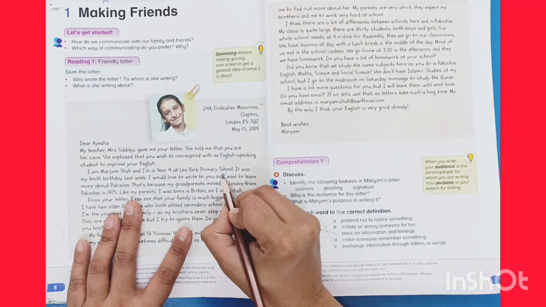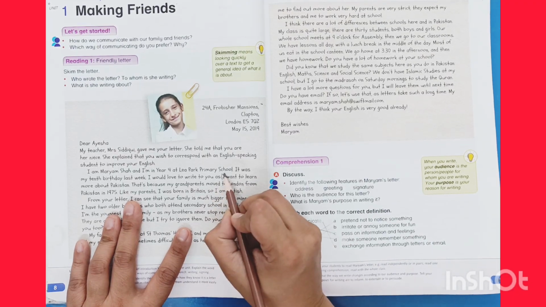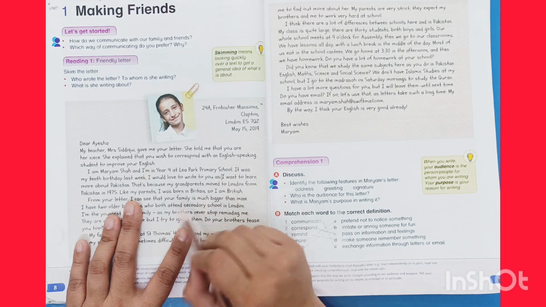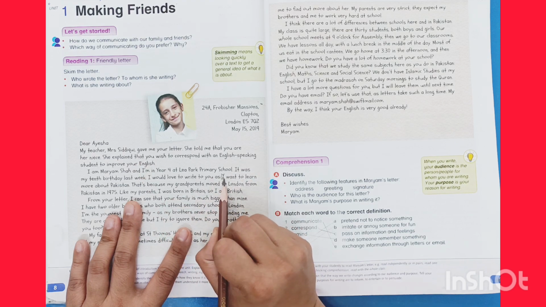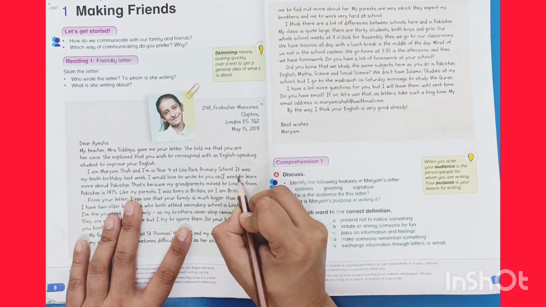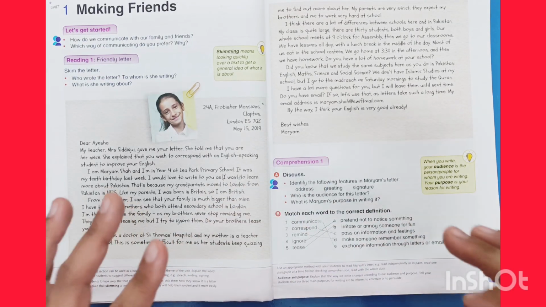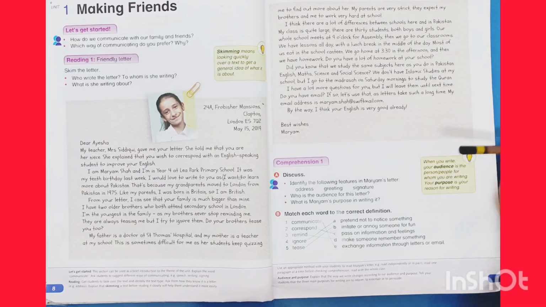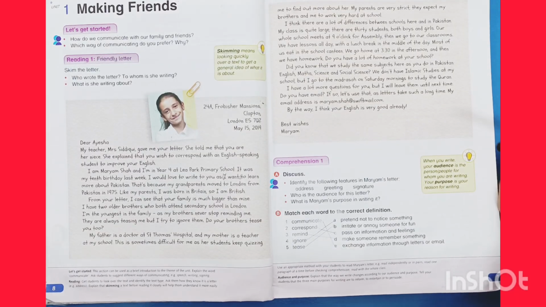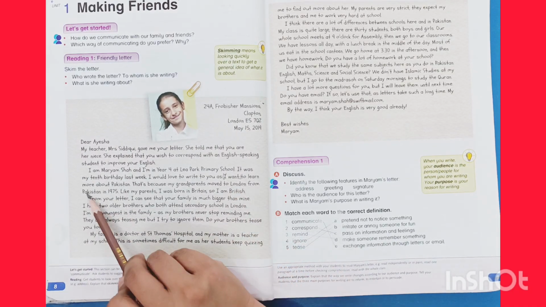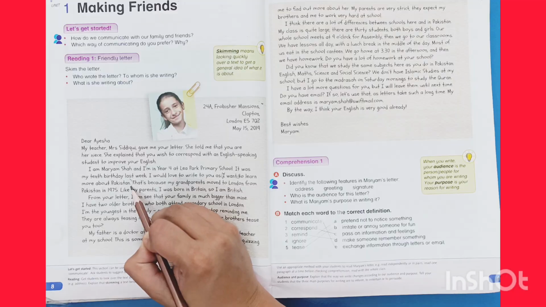On page number 8, it will be Mariam, not I. Mariam wanted. See, our answers are always in past tense. Okay. So, Mariam wanted to learn more about Pakistan. That's it.